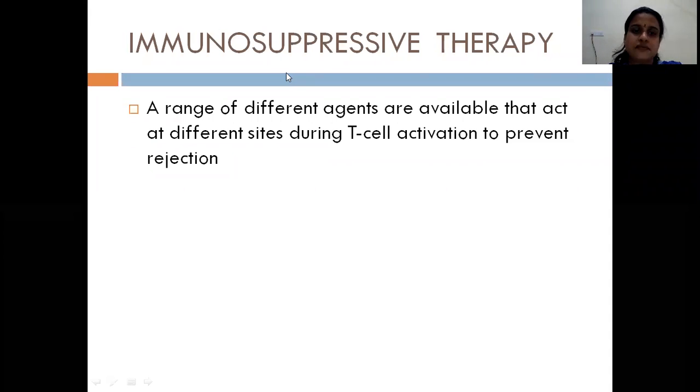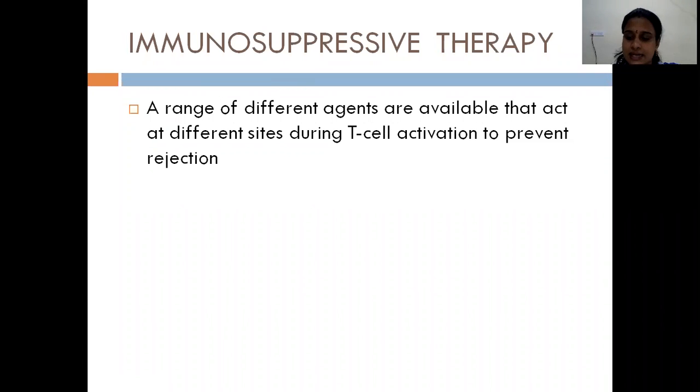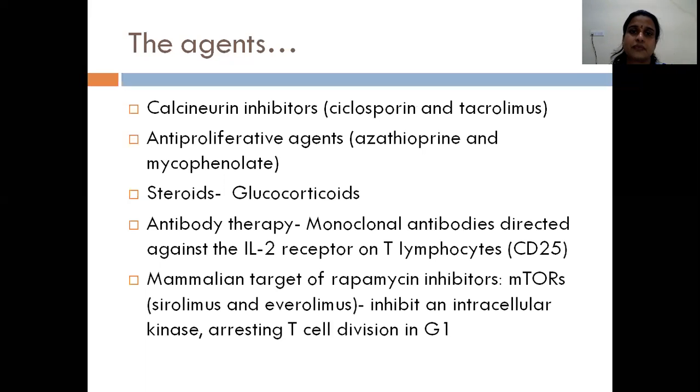The range of different agents that are available act at different sites during T cell activation and proliferation for an effective immunosuppressive outcome. So what are the various agents that are used?